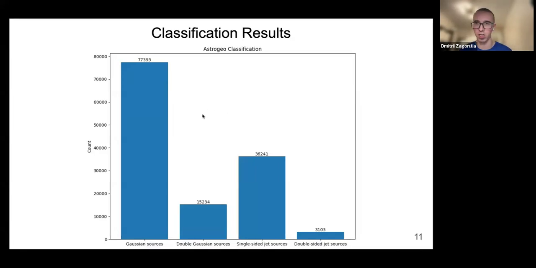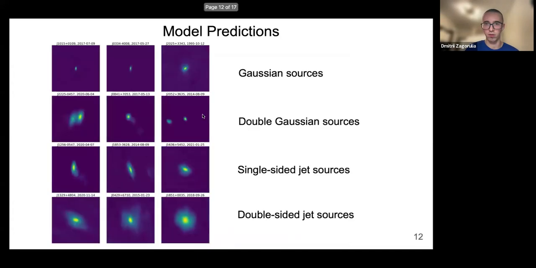But the problem is that we cannot actually quantify these results, because the problem itself is to get labeled images to classify them. So these are some examples that we looked through of our predictions.